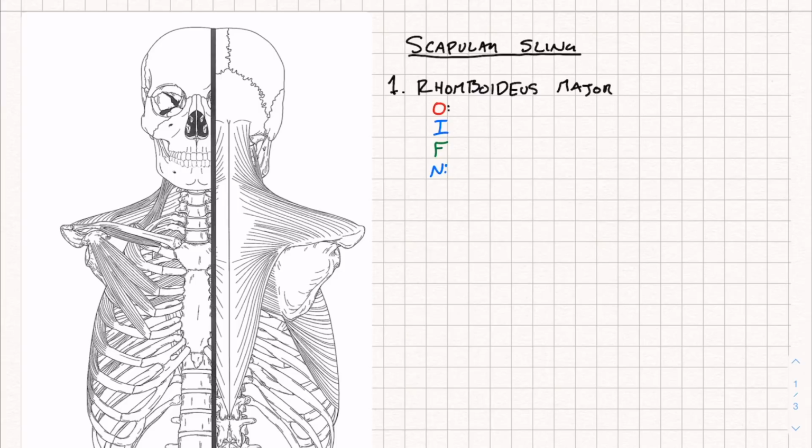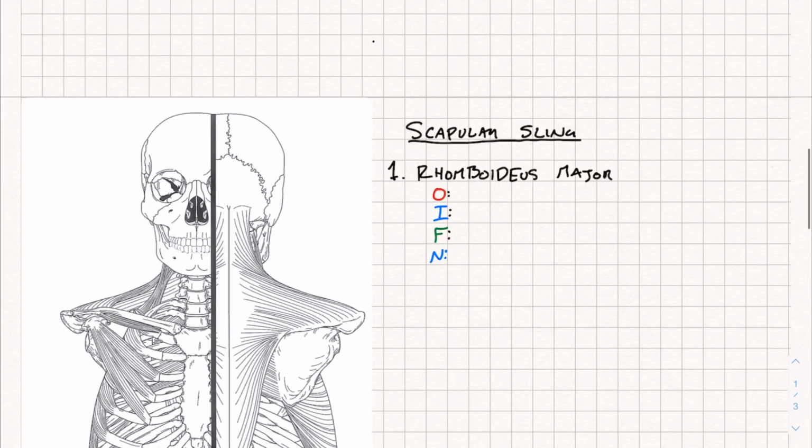Okay, so the origin, when we're saying the word origin, we're talking about the area where the muscle is attaching, one of its attachments that doesn't move. So this is the attachment that is stable.